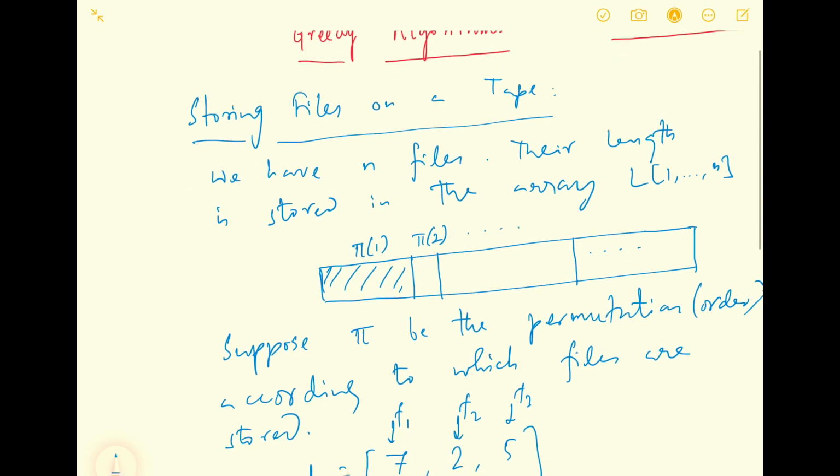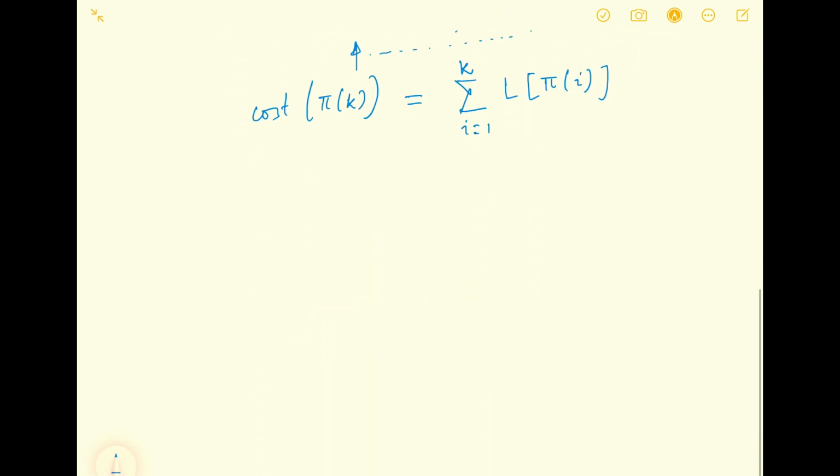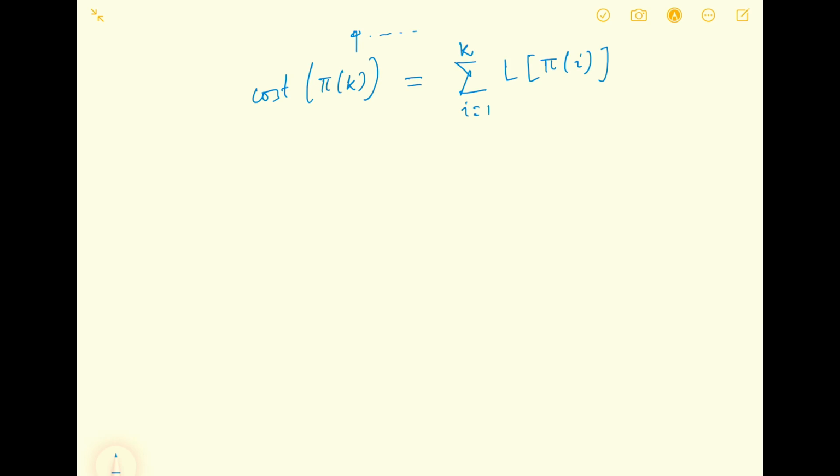Okay, and now suppose that all files are equally likely to get accessed.